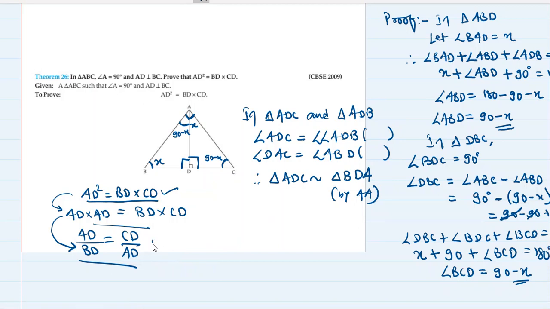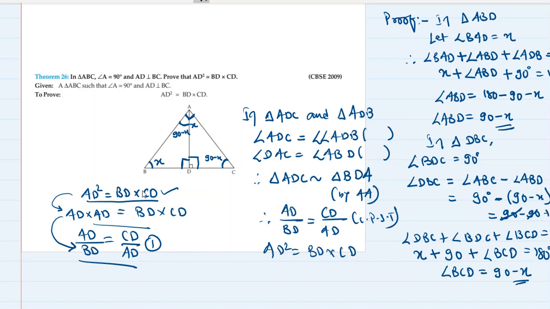So you will first write this step, that is, therefore AD upon BD is equal to CD upon AD. Why? CPST. And then cross multiply and write AD square is equal to BD into CD. That is the first step, right? So hence proved.